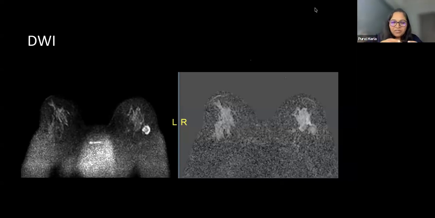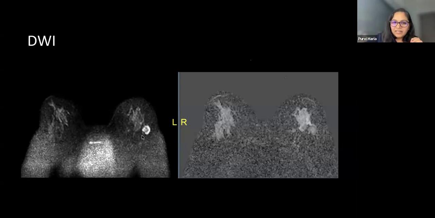When there is a tumor, the cells are very compactly placed, and this hydrogen cannot move freely. So there is restriction to the movement of the hydrogen atom. This restriction is captured on the diffusion sequence.